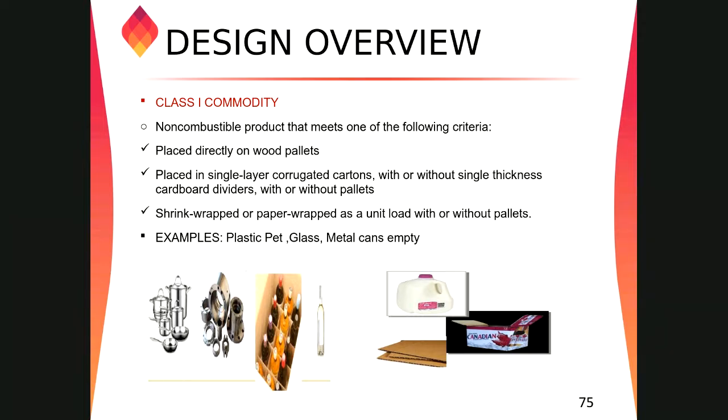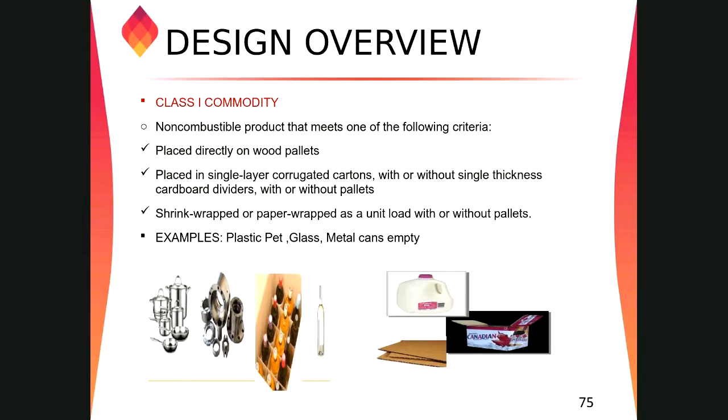Like you can see here, we have some products which are not combustible, but once stored in packaging items, they become a little bit combustible. It might be placed on wood pallets or in a single layer corrugated carton. The one we can see here is a single layer corrugated carton.